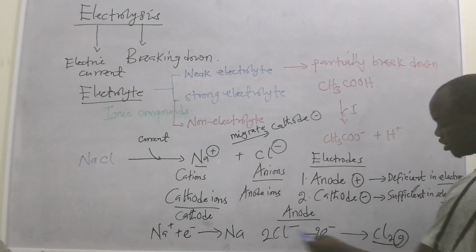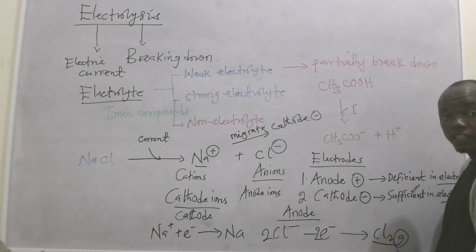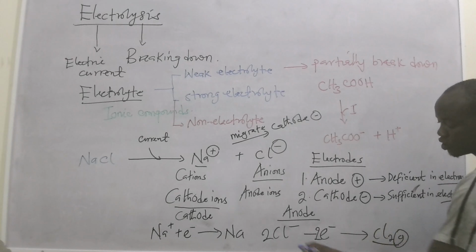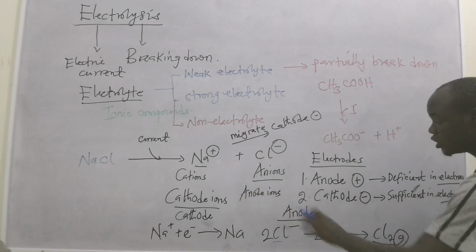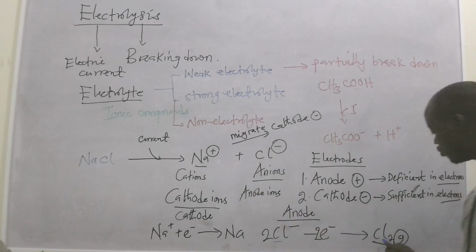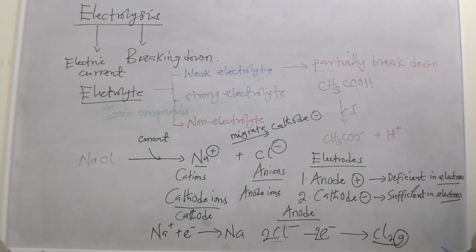Therefore, chlorine always exists as a diatomic gas. So two chloride ions will lose their two electrons at the anode to become a chlorine molecule. This is what actually happens during electrolysis.